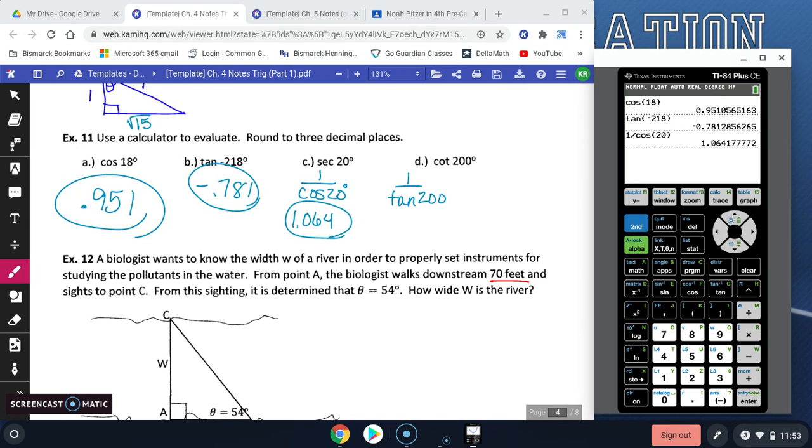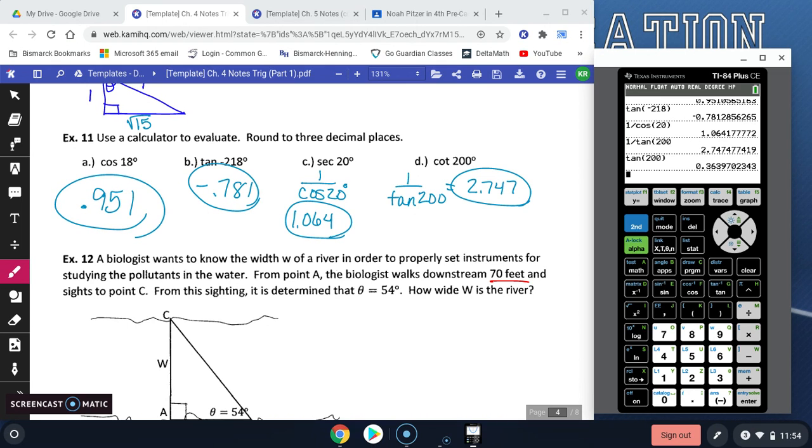There is another way to do this. Well, let's do the 1 divided by tangent 200 first. So 1 divided by tangent of 200 is 2.747. Okay, the other way I could do this is I could go ahead and do tangent of 200 degrees, and then I'm going to get that value.